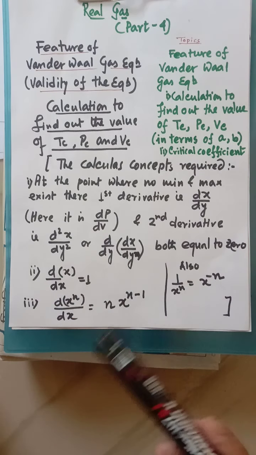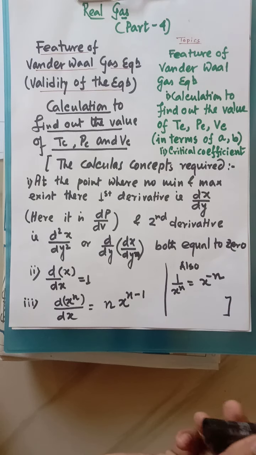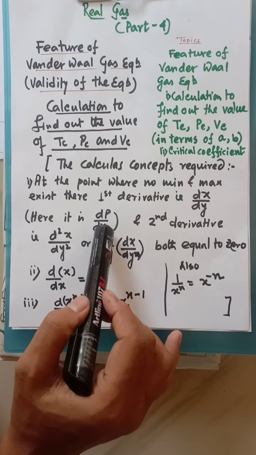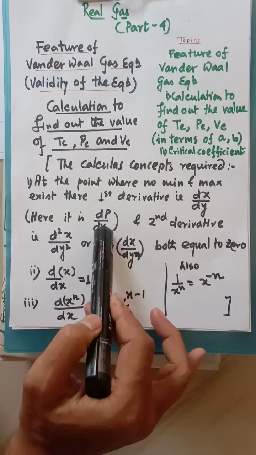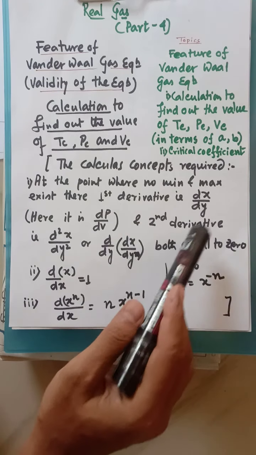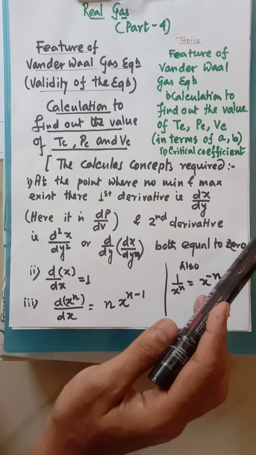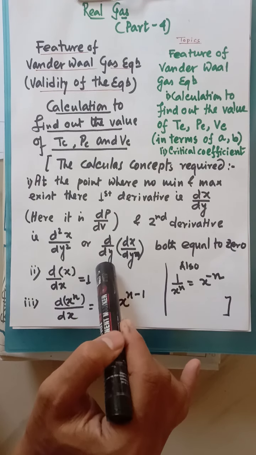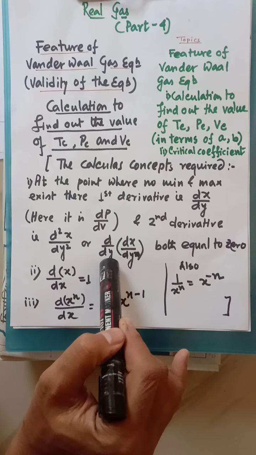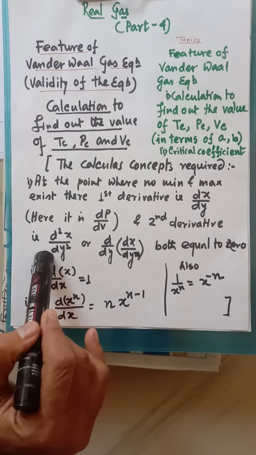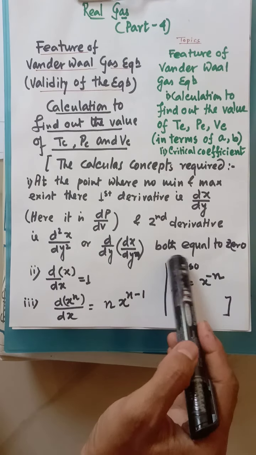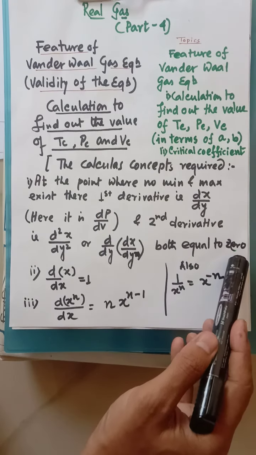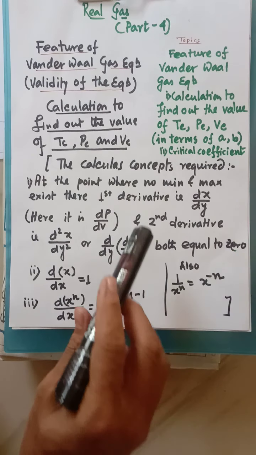Obviously in the gas equation, whether van der Waals or ideal, the variables are pressure and volume, so in place of dy/dx it will be dP/dV. We have to remember this whenever the maximum and minimum vanish.